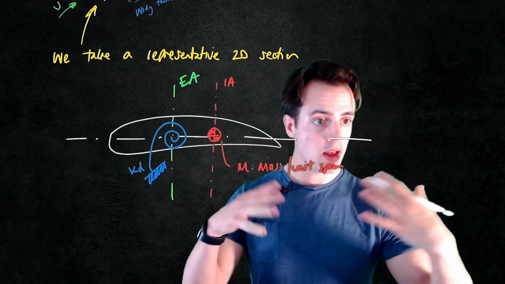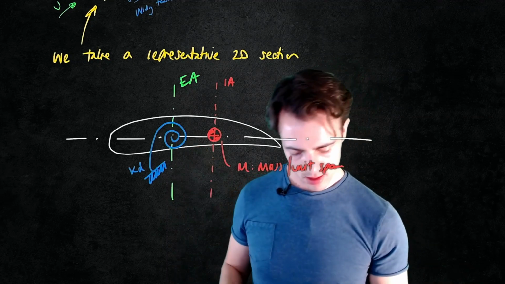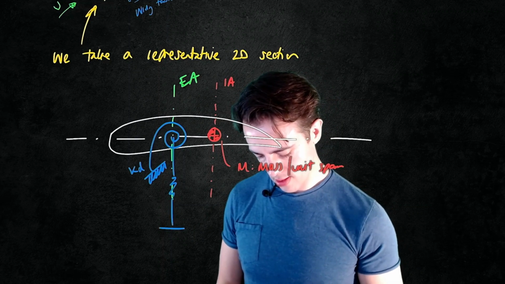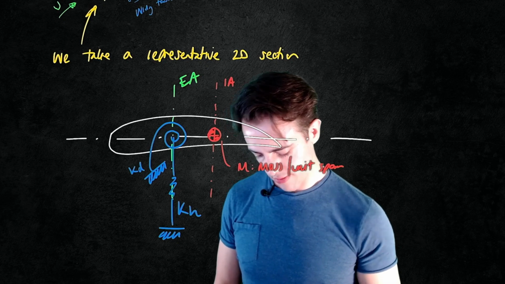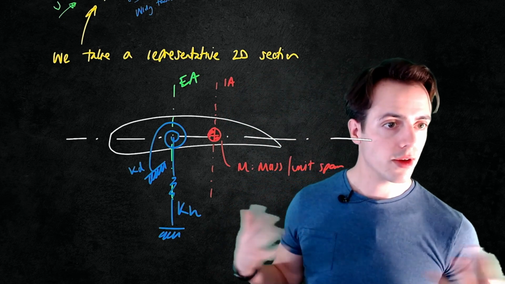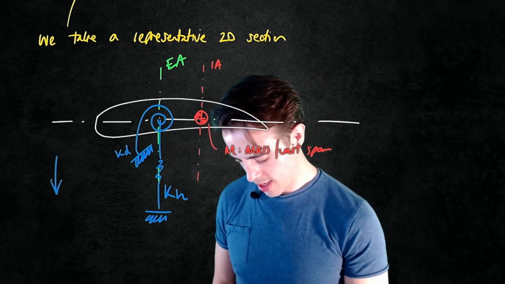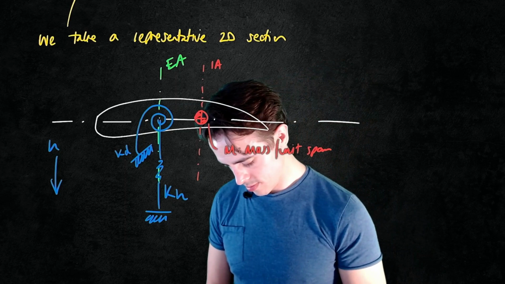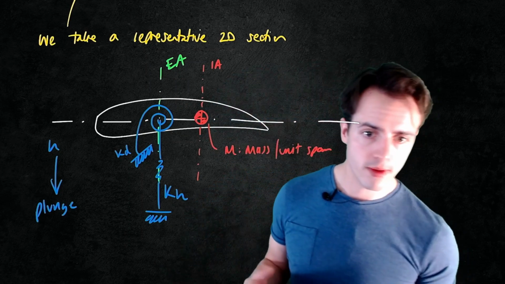We also know the wing is able to bend, and again we model that with a linear spring at the same location as the torsional axis. Give this the symbol Kh. Okay, remember h for plunge. So we then have this plunge displacement h. Plunge velocity would be h dot.